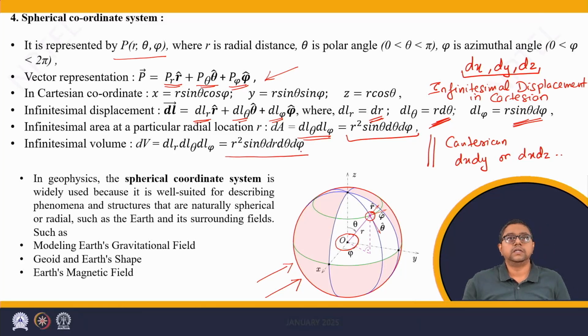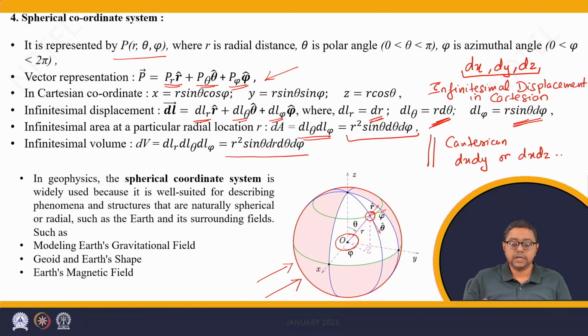Likewise, the infinitesimal volume can be given as the product of all the three infinitesimal distances or displacements that results in r square sine theta dr d theta d phi.